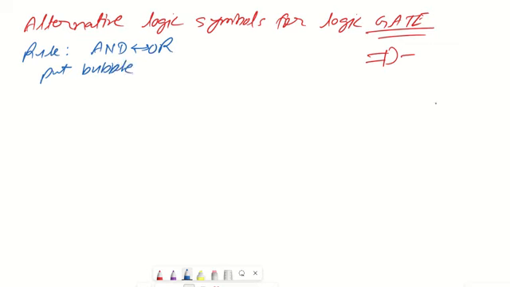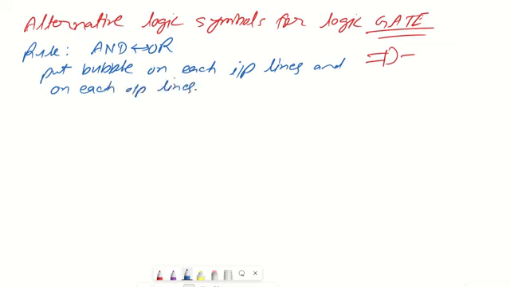So put a bubble on each input line, and on each output line, okay. So you have to put bubbles on each input line and each output line.